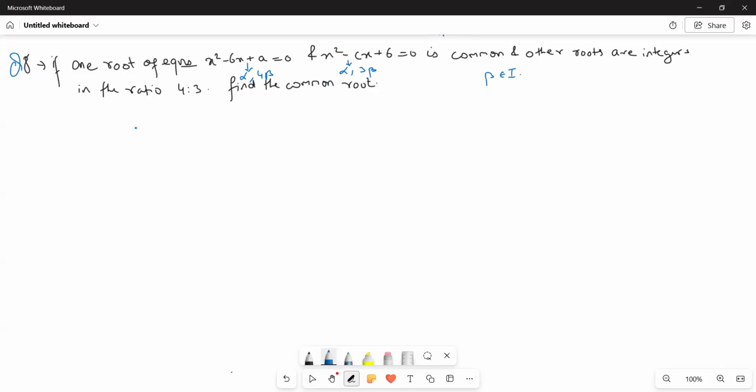So from the first equation, what relations can we write? Alpha plus 4 beta is 6 and 4 alpha beta is a. And second equation से क्या आएगा? Alpha plus 3 beta is c and 3 alpha beta is equal to 6.